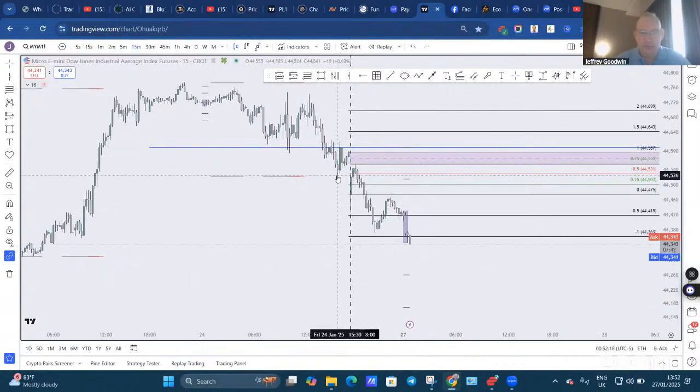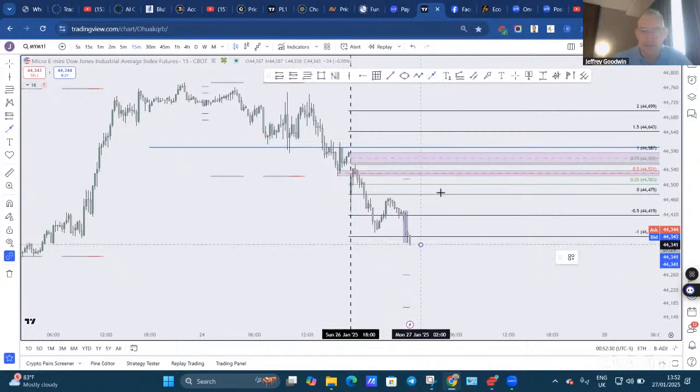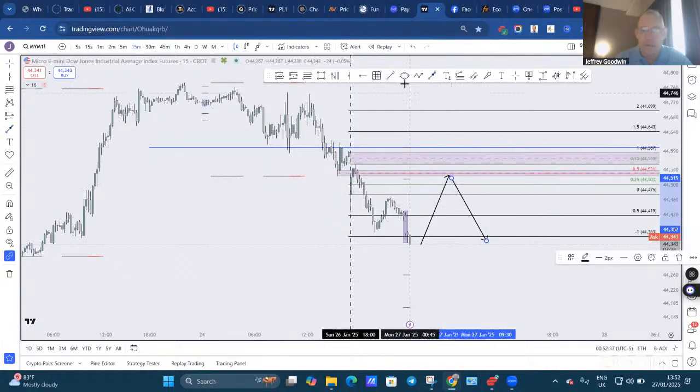So I'm also going to mark this area here. Okay, so I'll find out later on today if it's going to go there or there. Time will tell.